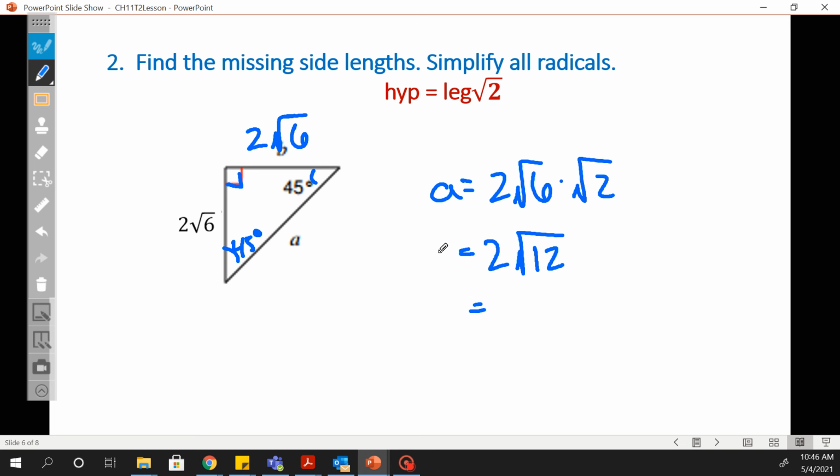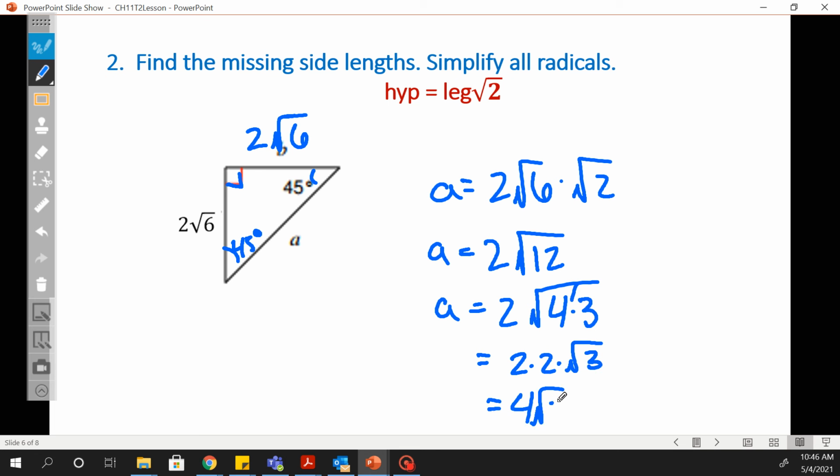But remember, we need to simplify, because square root of 12 can be expressed as 4 times 3, and the square root of 4 is 2. So this is 2 times square root of 3, or 4 square root of 3. So the hypotenuse in this case is 4 square root of 3.